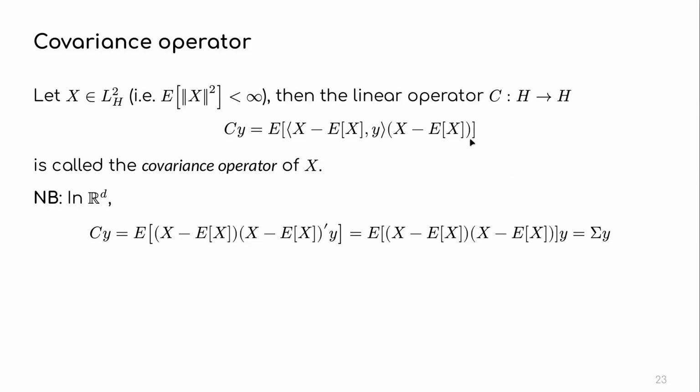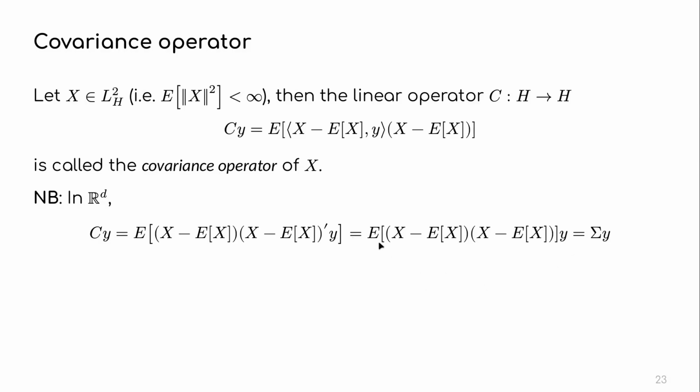And if you're a bit troubled by this, we can look at this definition in finite dimensions. For C of y, I can move things around. This inner product is simply x minus expectation of x with y, and because it's a scalar I can move it around, and y is constant, so we can factor it out.